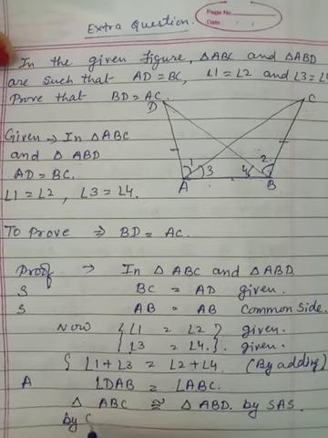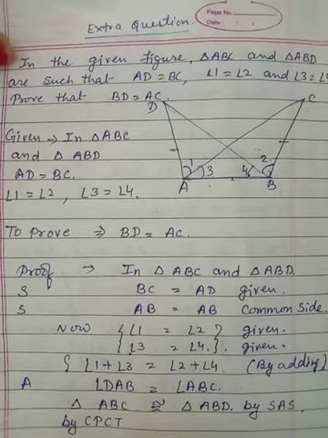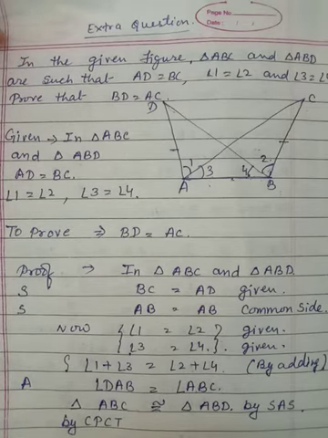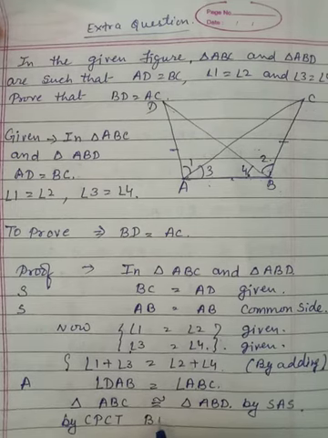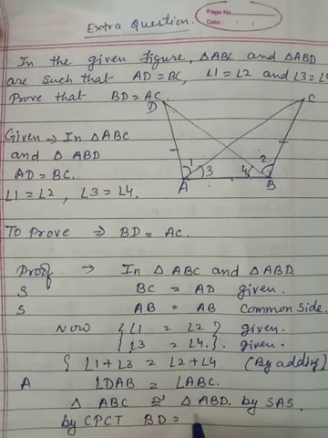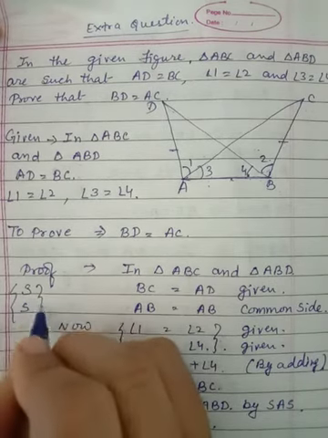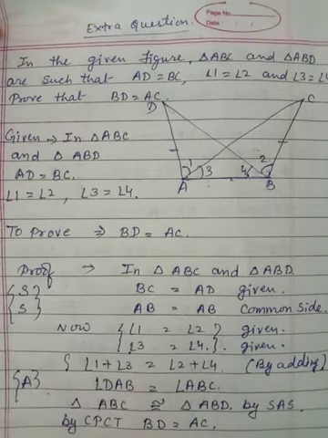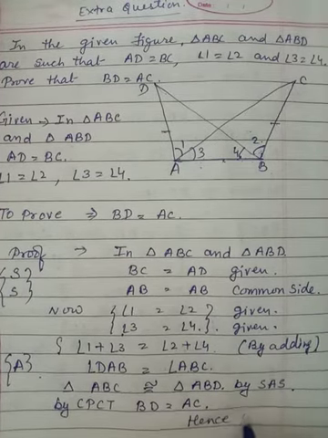So by CPCT, corresponding parts of congruent triangles, we can say that BD is equal to AC. Three facts we have got, so we can write here, hence proved.